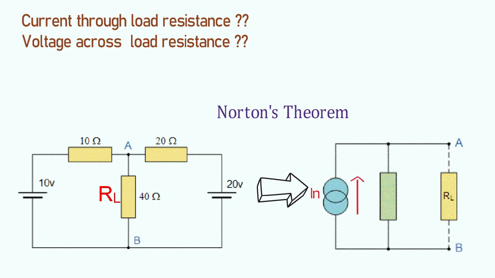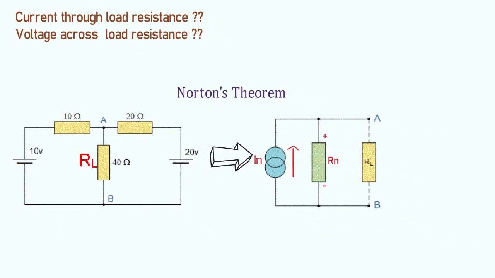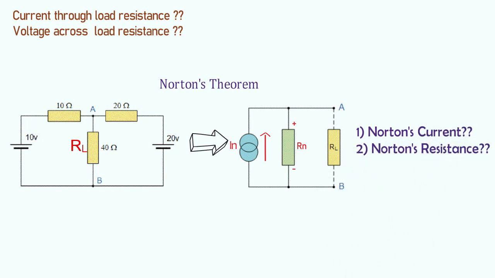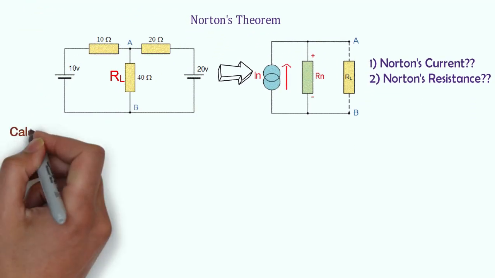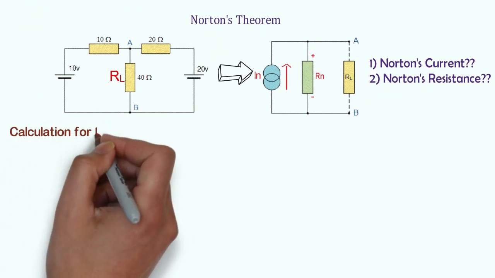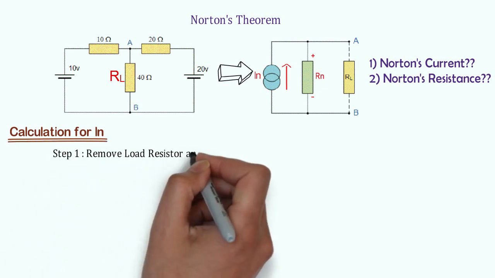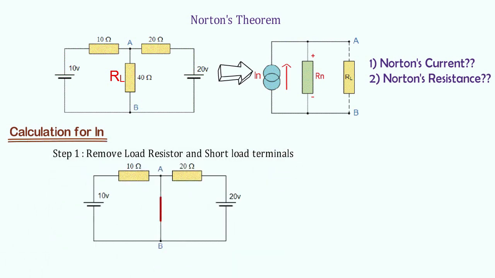Here, we will focus on the procedure to find Norton's current and Norton's resistance. In order to find these two terms, we need to follow some steps. So let's start with the calculation of Norton's current. Friends, in the first step, we will remove the load resistance and short that path.